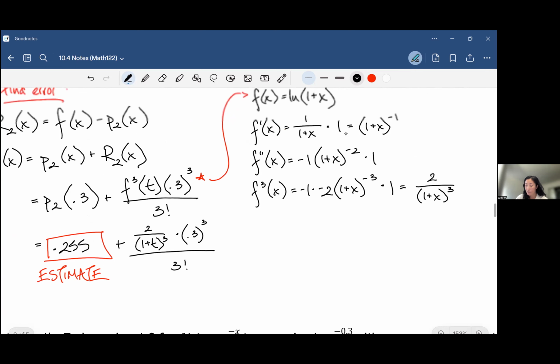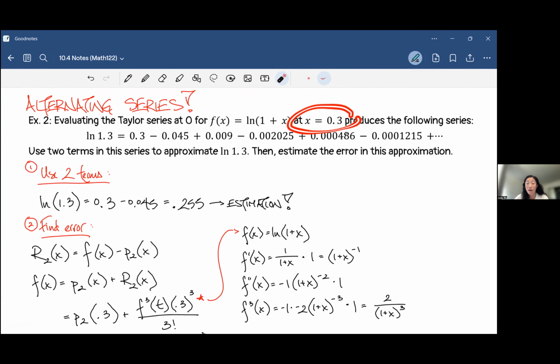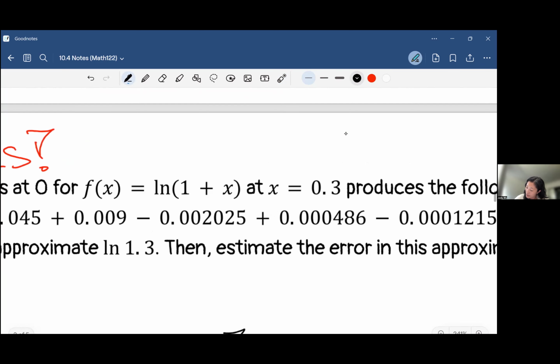Now, the only thing left is to pick a value for t. If you remember from last time, t has to be between 0 and whatever x number we have. In this case, the x number is 0.3. So I know from here that t has to be between 0 and 0.3.